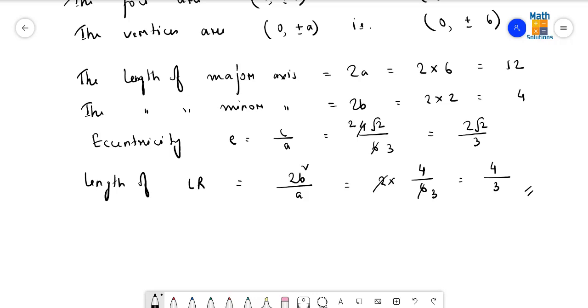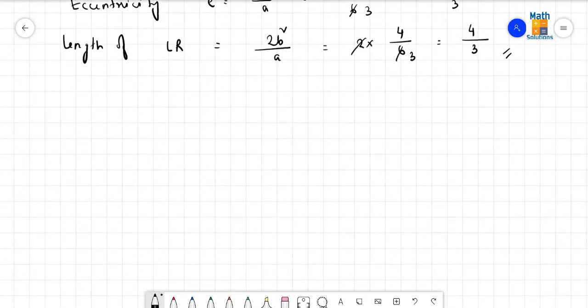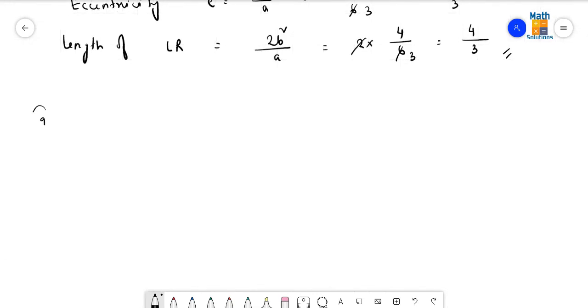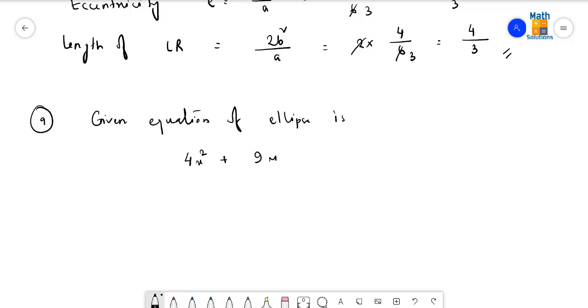Then the last one I am proceeding with, question number 9. The given equation of ellipse is 4x square plus 9y square is equal to 36.